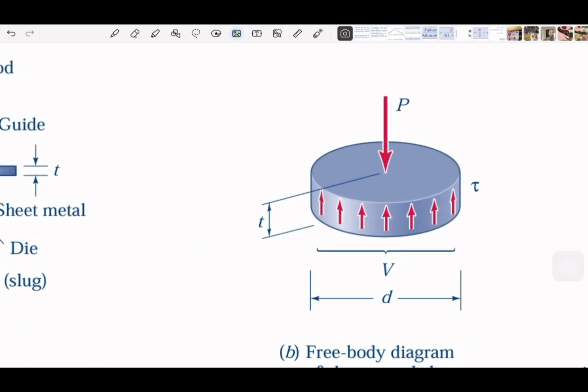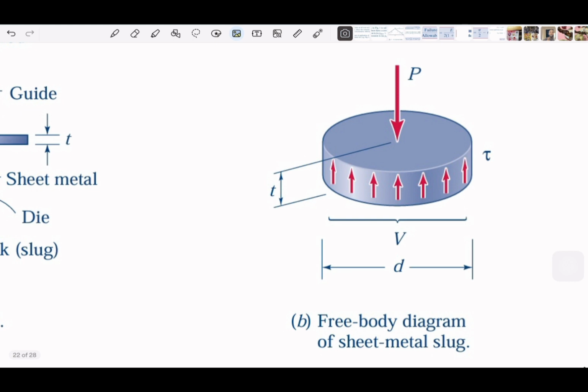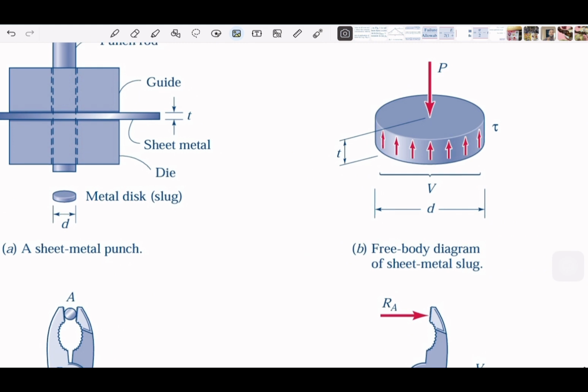So we have shear forces distributed along the metal. When we push the force, there will be some forces that counter the external forces, which we define as shear forces.